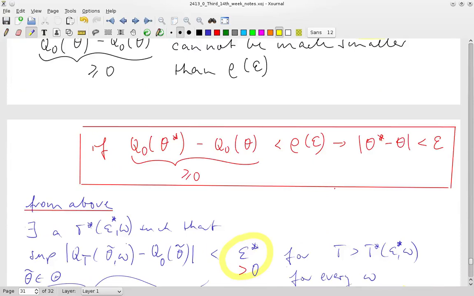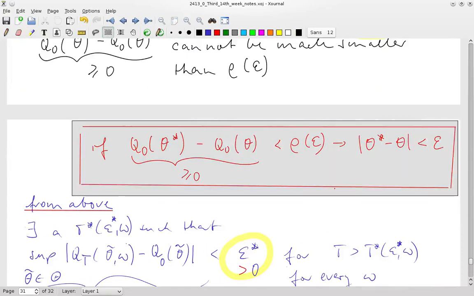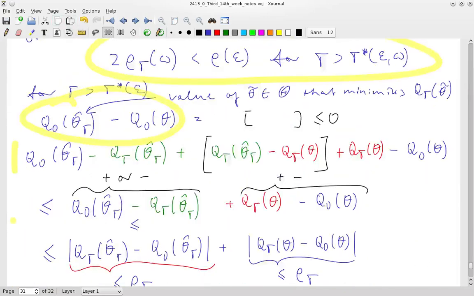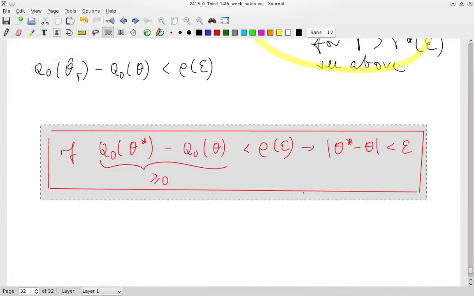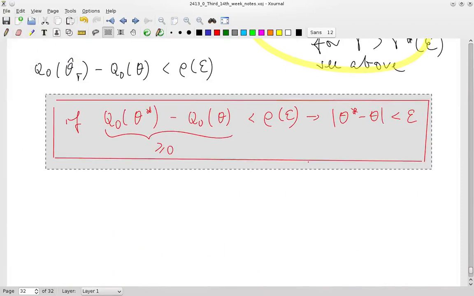Okay? Here is the earlier result that I tried to copy down. Okay, this is what we found earlier.